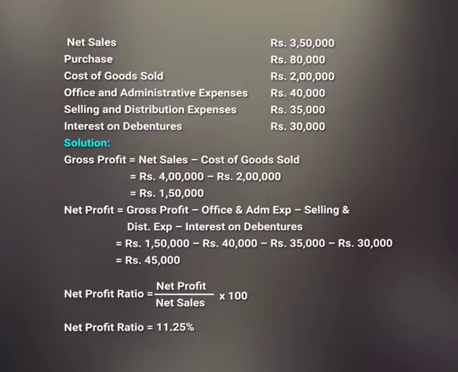Now, we will see the solution to this question. Gross profit is equal to net sales minus cost of goods sold. So, we have rupees 4 lakhs minus rupees 2 lakhs, which is equal to rupees 1,50,000. Now, net profit is equal to gross profit minus office and administrative expenses minus selling and distribution expenses minus interest on debentures, which is equal to rupees 1,50,000 minus rupees 40,000 minus rupees 35,000 minus rupees 30,000, which is equal to rupees 45,000.